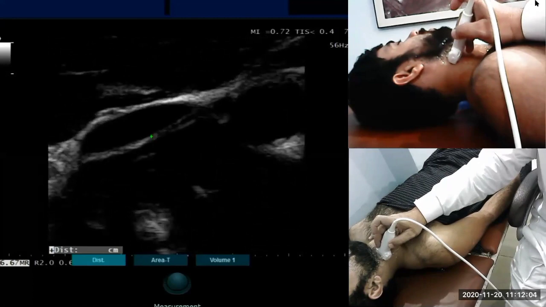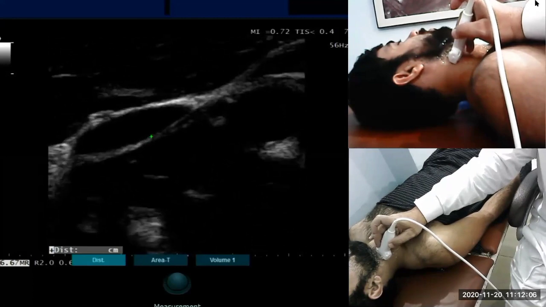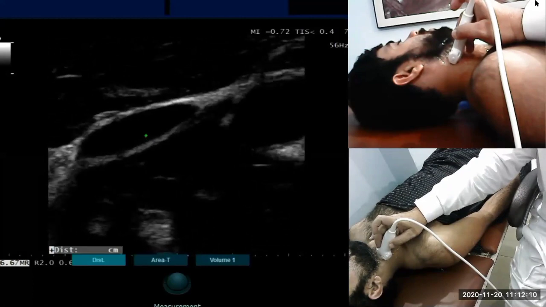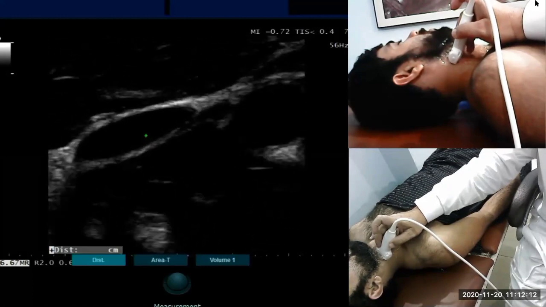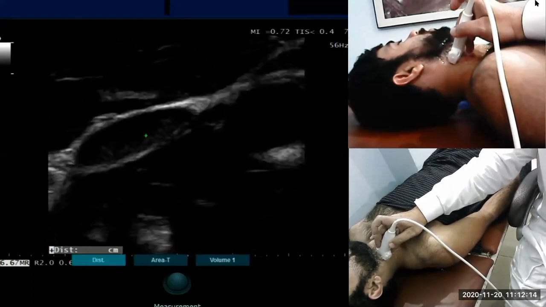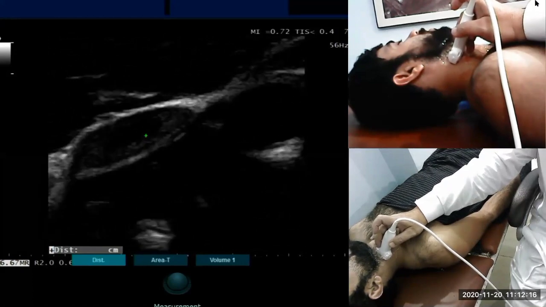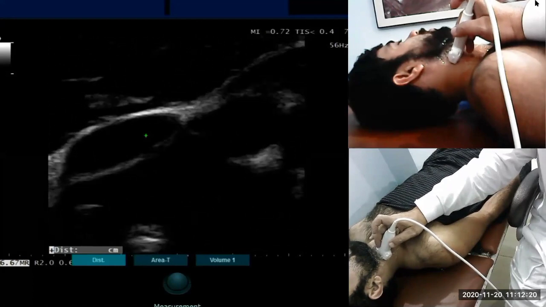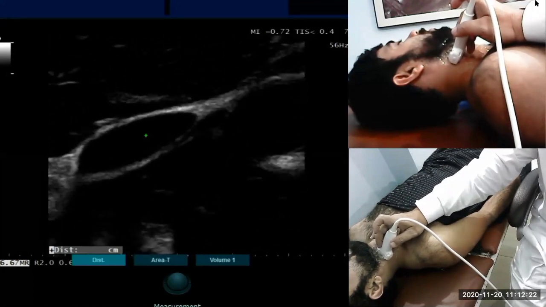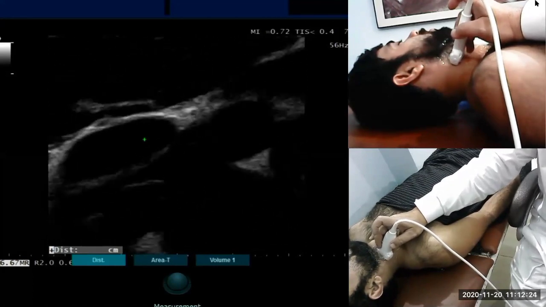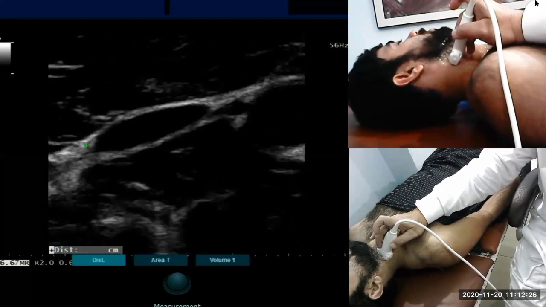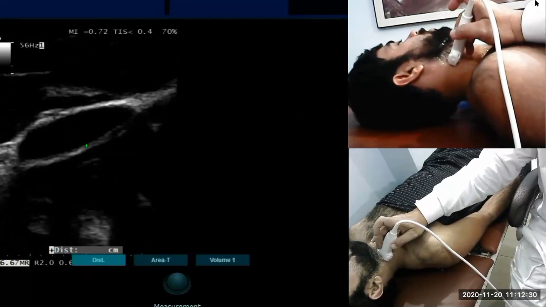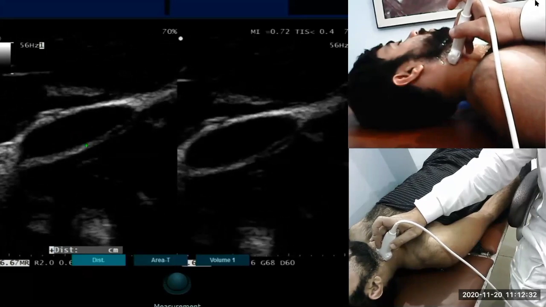If we ask the patient to do Valsalva maneuver, bring his tummy out, forced expiration against closed glottis, you will see the diameter of this internal jugular vein will increase.